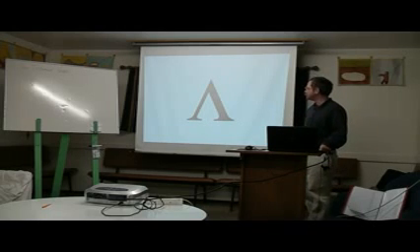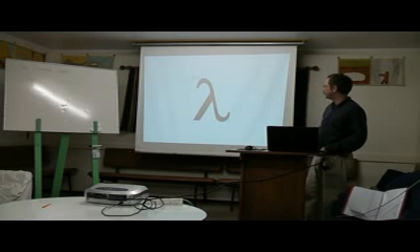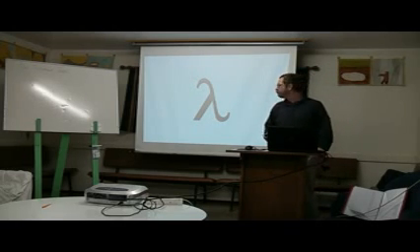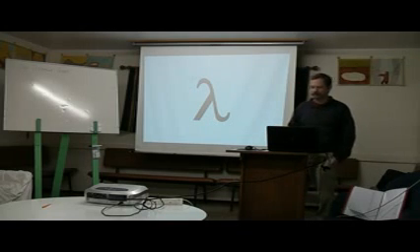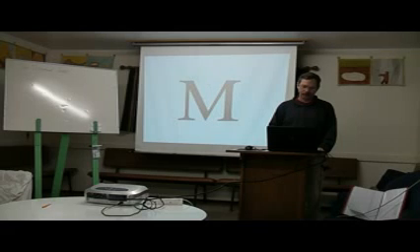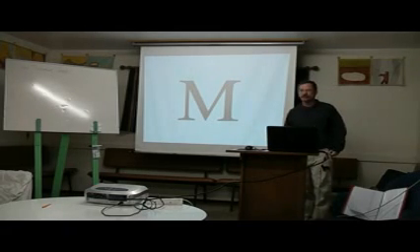This is a lowercase lambda, where there's a diagonal stroke upward and then a diagonal stroke downward. This is also a familiar symbol.